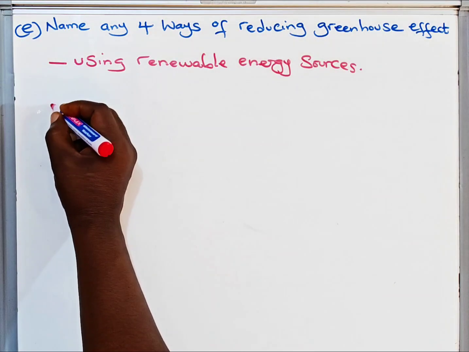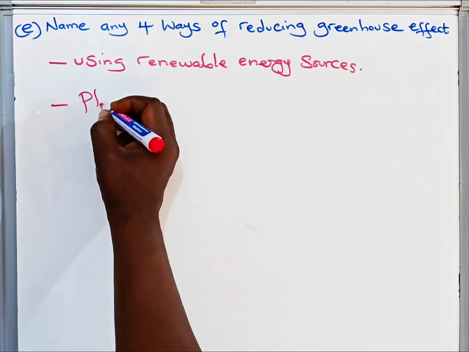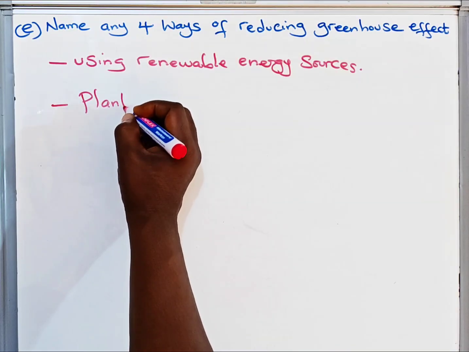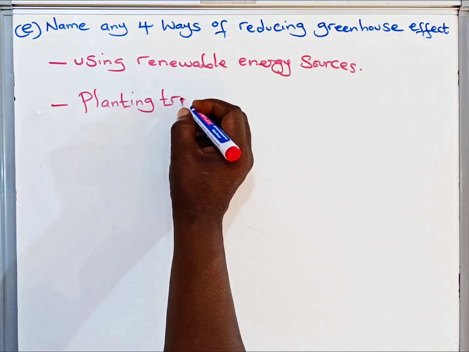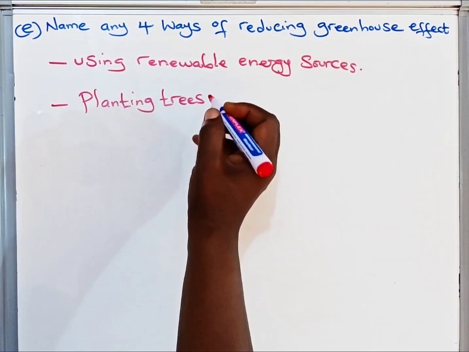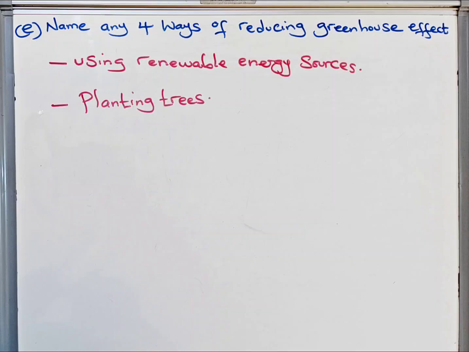Another way is planting trees. We need to know that trees use carbon dioxide in their process of manufacturing food. So in that process, carbon dioxide in the atmosphere is reduced.